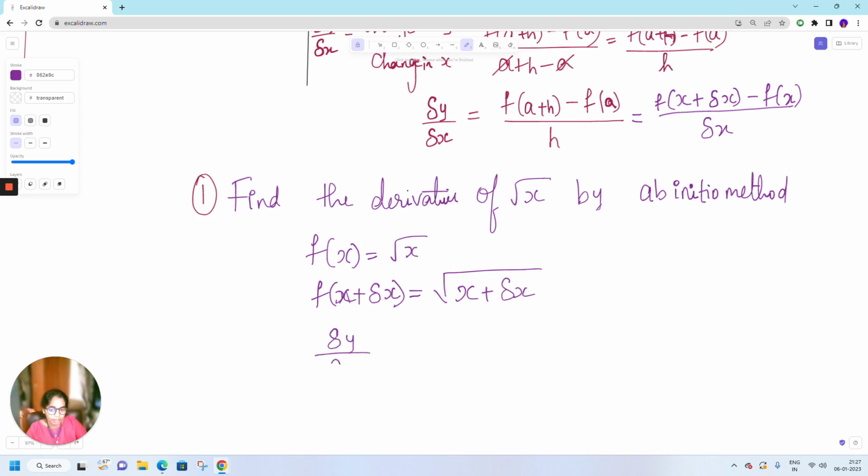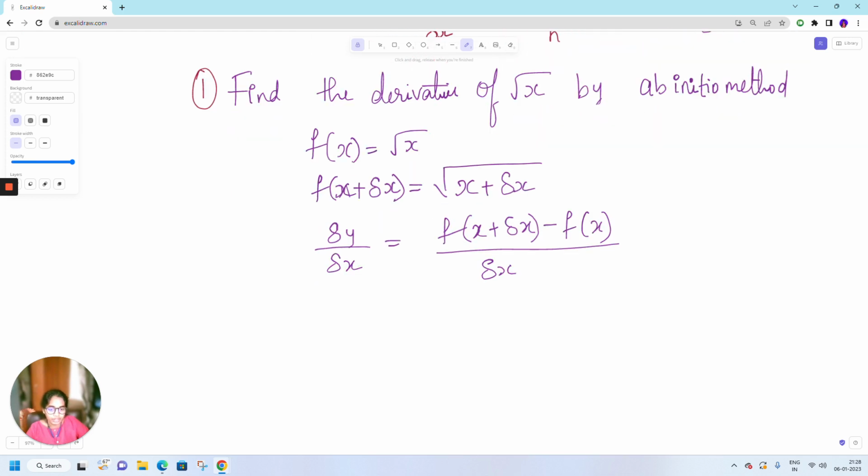Del y by del x is equal to f of x plus del x minus f of x, divided by del x. So f of x plus del x is square root of x plus del x minus square root of x, divided by del x. Now, how do we solve this?